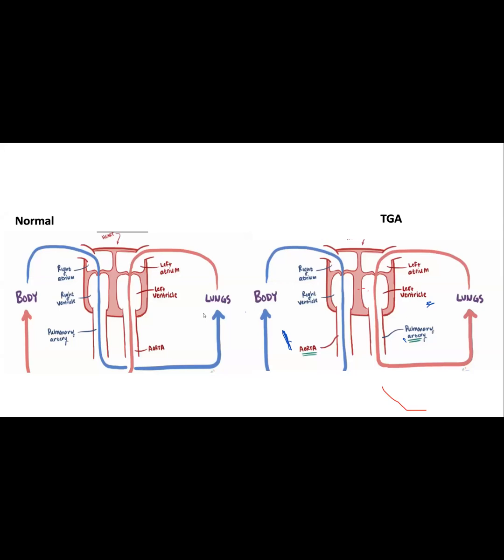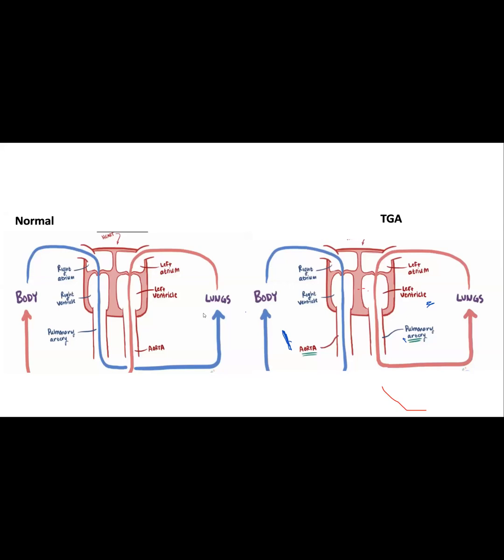But in this case, there are two parallel separate circuits. So blood is coming from the right atrium, right ventricle, then the aorta. And there's no connection between these two circuits, and then back into the body. The blue color basically means there's decreased oxygen, so there's a low level of oxygen on this side.